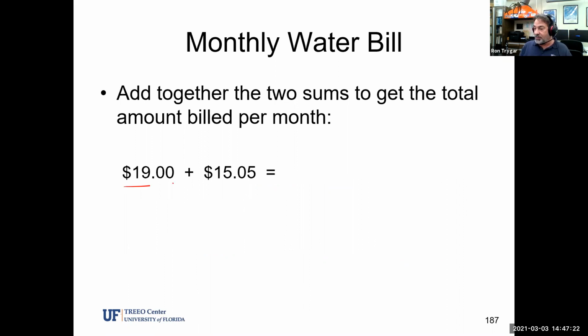So $19 is for the base rate, and the $15.05 is for the 7,000 gallons that was over the base rate. And so $19 plus $15.05, and I came up with $34.05 per month. So that would be our water bill for that month based on the 2-tier billing rate structure.